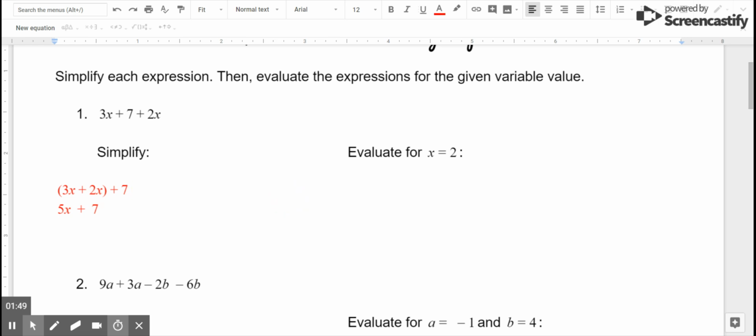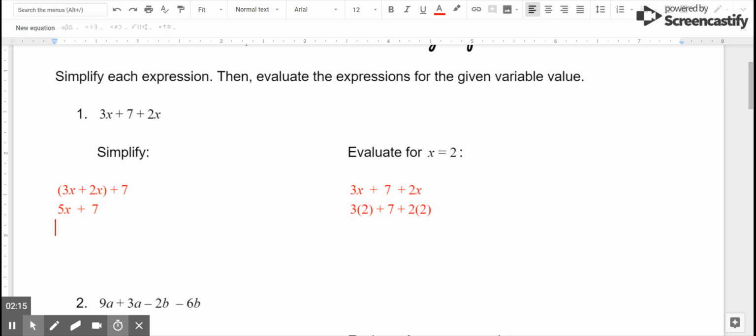We can do this in 2 ways. One way to do this would be to start with my original expression. So my original expression was 3x plus 7 plus 2x. And what I could do would be to plug in 2 for each of those x's. So that would change this to 3 times 2 plus 7 plus 2 times 2.